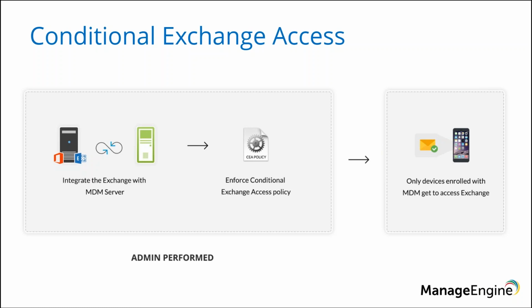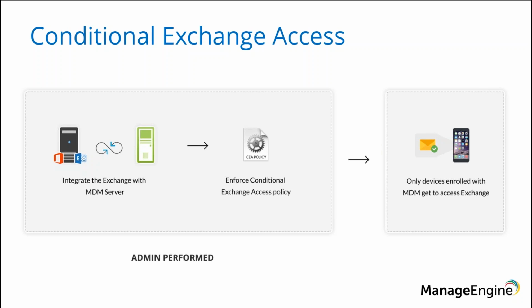And this policy would make sure that only the devices that are enrolled with the MDM solution would have access to your email service. And one other prerequisite that is really important over here is that you would have to distribute the Exchange Active Sync profile to the devices, and the email service has to be created on the mobile device with the help of MDM.